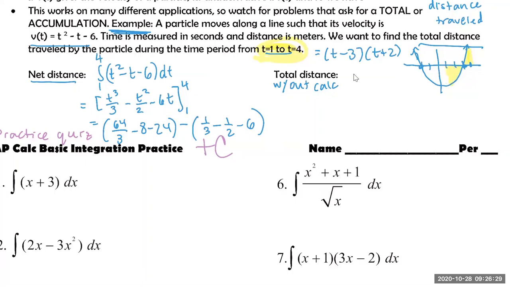I'm going to say from 1 to 3, I'm going to integrate t squared minus t minus 6, but realizing that that's going to give me a negative number, and I really want that to be positive. So I'm going to multiply that integral, or that area, by a -1. If this gives me a negative value, multiplying it by negative is then going to force it to be positive.